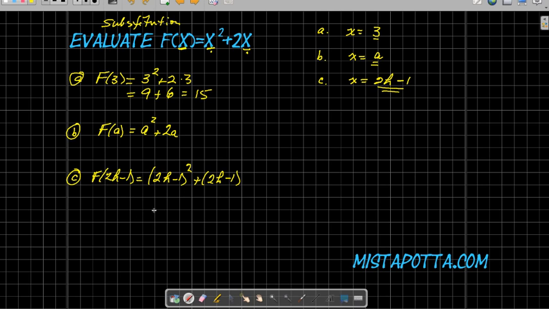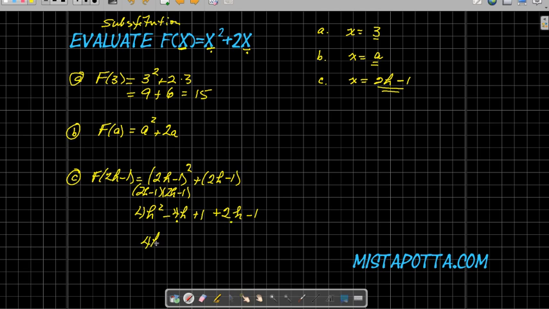And I'm going to expand this binomial, so that's going to be (2h minus 1) times (2h minus 1), which gives me 4h squared minus 4h plus 1 plus 2h minus 1. And then I'm going to want to combine my like terms. I've got negative 4h and positive 2h.